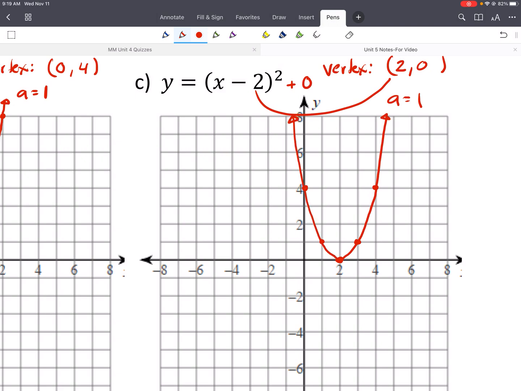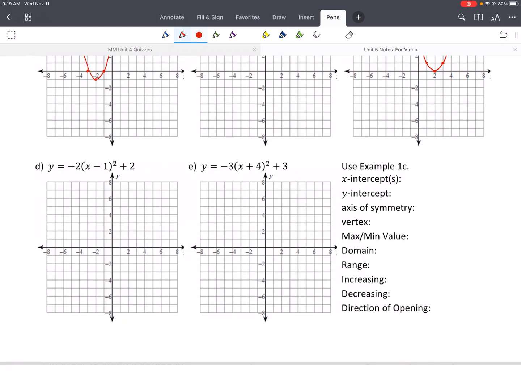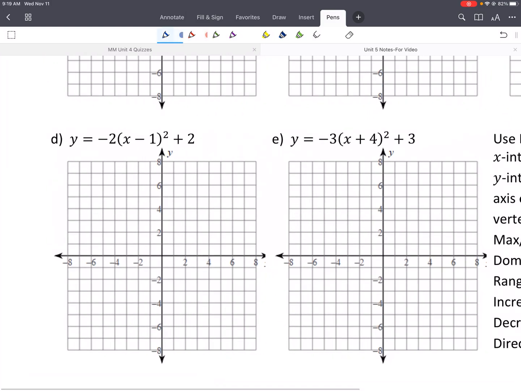And we've got it. All right, so if you would pause and see if you can do these other two, and also use example 1C to find those key features. All right, so here we'd find our vertex. Again, it's the opposite of what's inside the parentheses, so it'd be 1, 2.